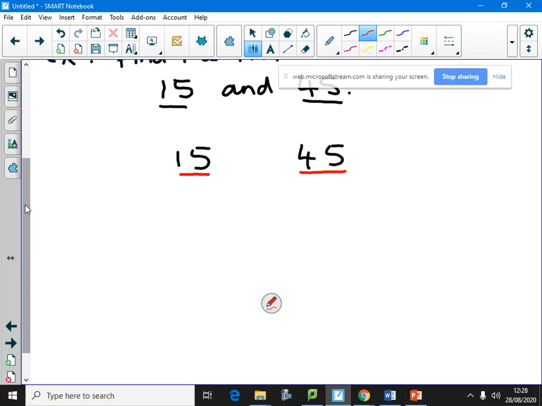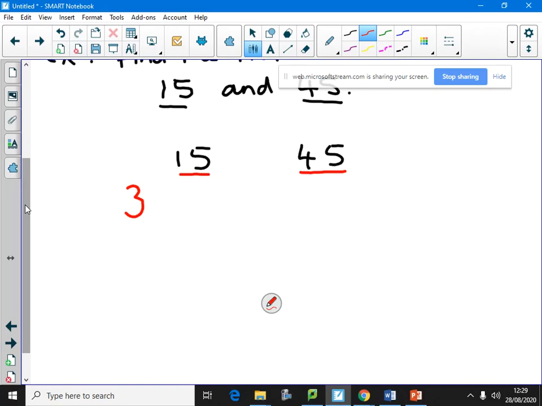We need to start from the lowest number possible. So I'm going to start from 2. We don't use 1 because 1 will go into every single number. Will 2 go into 15 and 45? No. Will 3 go into 15 and 45? Yes. So I'm going to put 3 here.